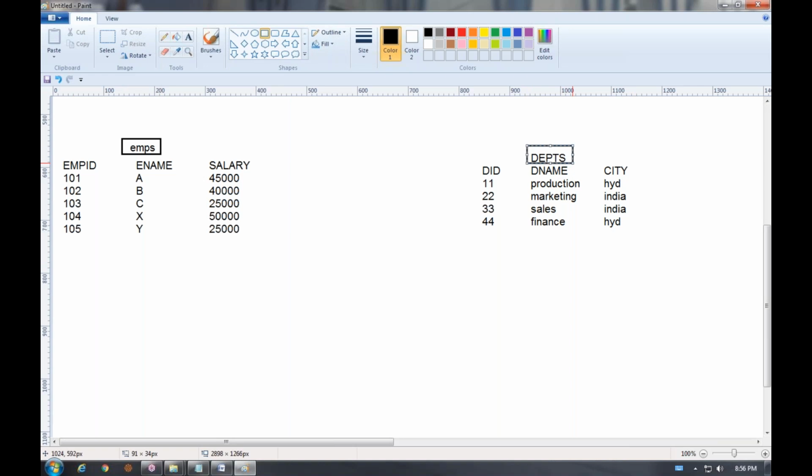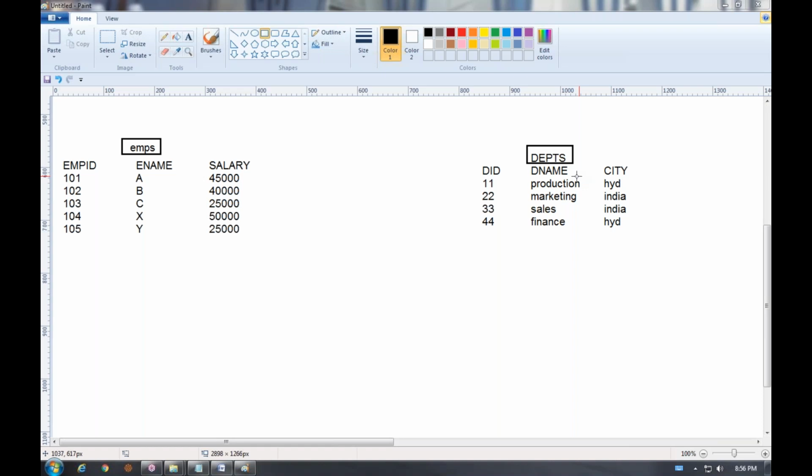Generally, every employee should work under a department. Similarly, any department must contain some employees. Compulsorily, each and every department should contain some set of employees.